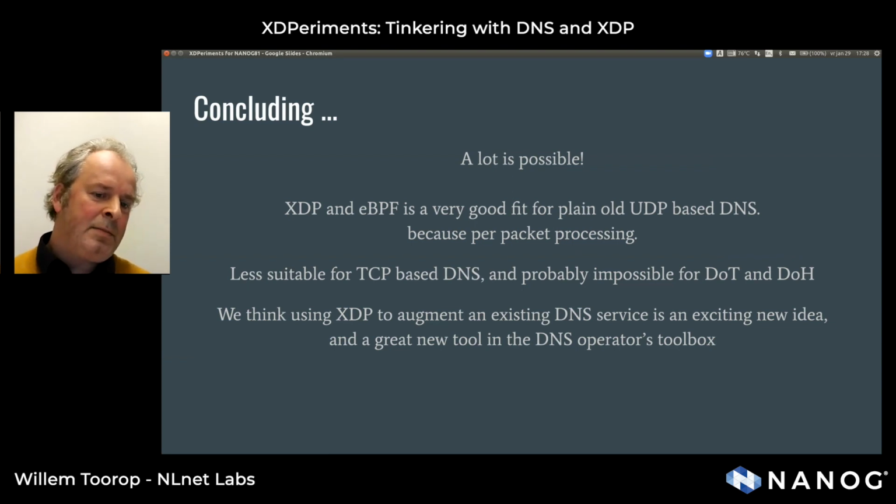It will be much less suitable for TCP-based DNS and probably impossible for DNS over TLS or DoH, because you have to parse the packets at the XDP layer. And we think that using XDP to augment the existing DNS service is an exciting new idea and a great new tool in the DNS operator's toolbox.